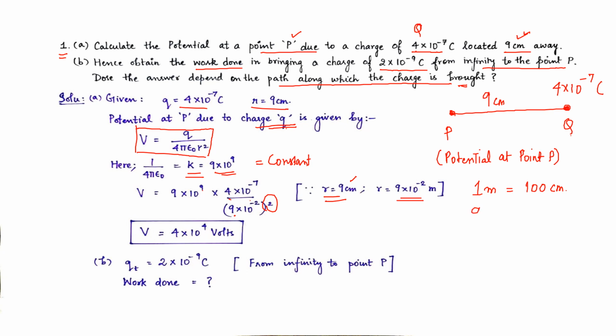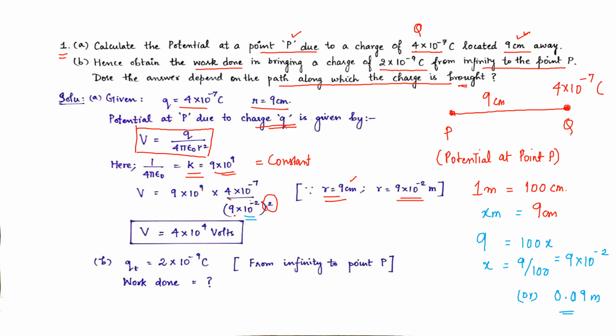Therefore 9 centimeter will equal x meter. Cross multiplying, 9 equals 100 into x, and x will be 9 divided by 100. So it can be written as 9 into 10 to the power minus 2, or 0.09 meter. Any of the values is correct.